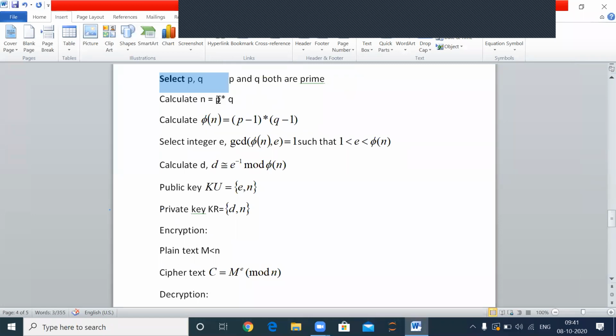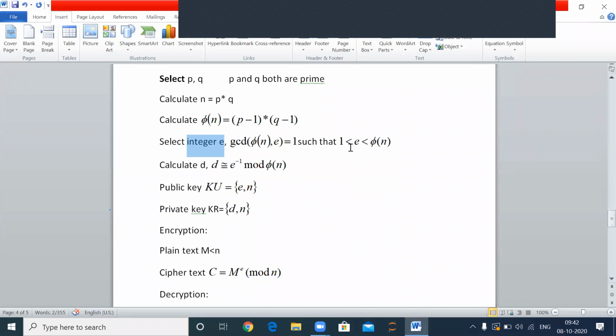Next, we calculate the product of these two and we take this as n. And we calculate phi of n, the Euler function, which is P minus 1 into Q minus 1. After that, we select the integer E. That integer can be selected between 1 and the Euler function phi of n, and also GCD of phi of n and E is 1.